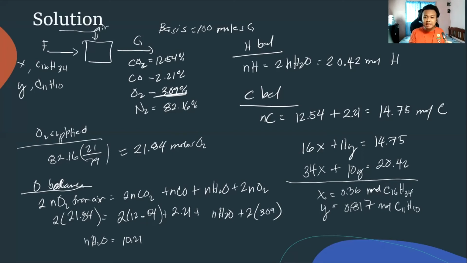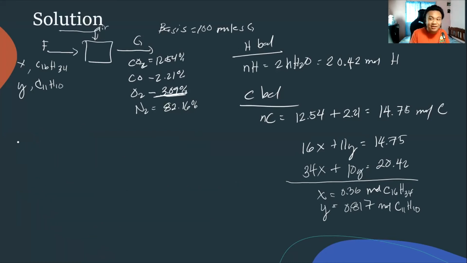So now we will get the cetane number. How do you get the cetane number? We have to find the volumes first of each respective compound in our fuel, and then we will get the part of cetane there. So we have to find the volume of cetane.